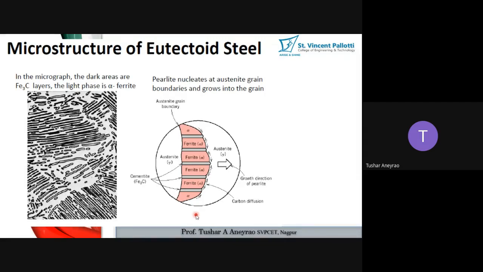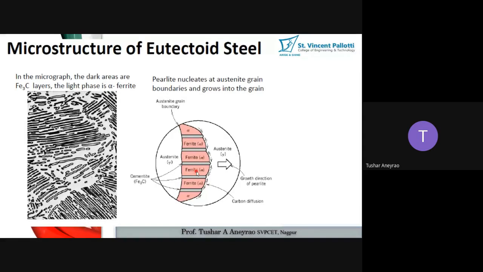We will see what is the effect of retained austenite on the physical properties. One more thing that you should consider here is that the nucleation of the perlite is happening at the grain boundaries of the austenite. So only at the grain boundaries the new phase is going to nucleate, right?